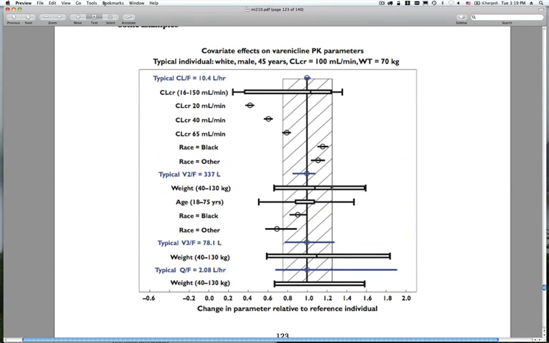We could say here that, for example, the black race effect on volume of distribution, the point estimate is close to the null value, and it's within what we've called our no effect range here, plus or minus 25%. That's just set arbitrarily based on bioequivalence type criteria. It's probably conservative. It's probably true that if you had a 30% effect, it might not be clinically important, and that can only be viewed in terms of an exposure-response relationship. But taking a conservative approach here, plus or minus 25%, we'd say, okay, no effect here.